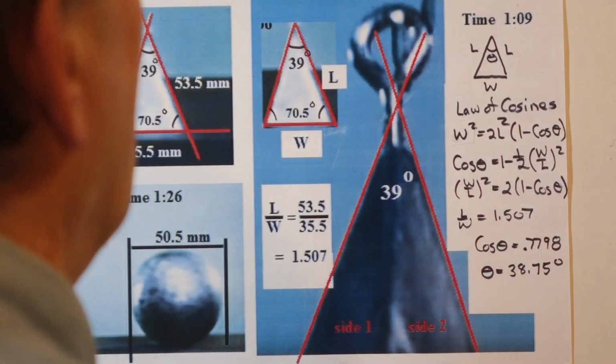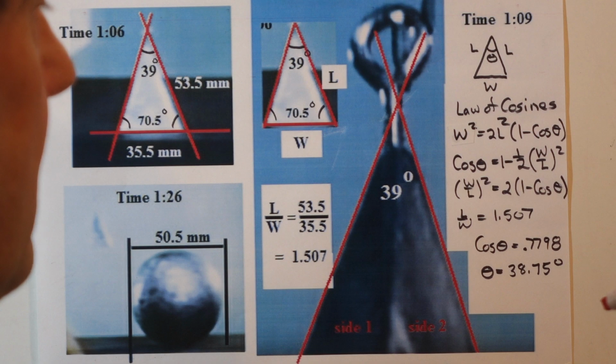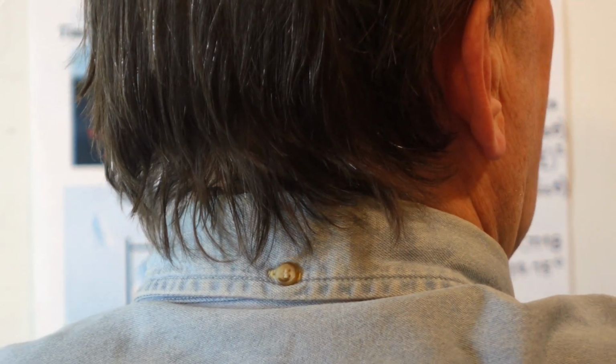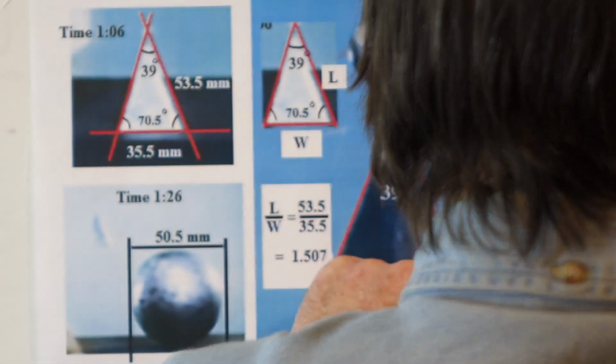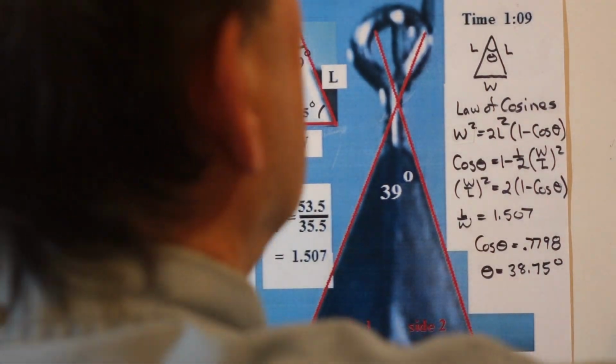That is 1.507. From the law of cosines that we computed, we know that (W over L) squared is 2 times (1 minus the cosine of theta). So we know W over L, and we can solve for the cosine of theta.